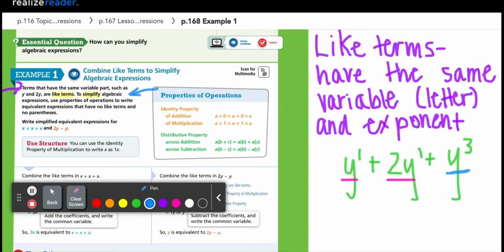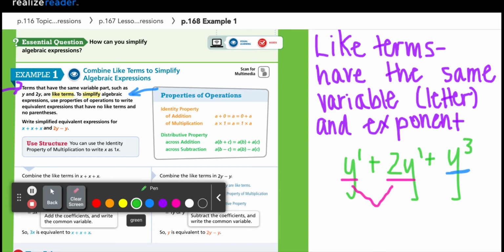So if there are parentheses in the expression, we'll be distributing to get rid of them, and then we'll be combining like terms so that we would only have the term or the exponent or the variable written once. So here we would combine this y to the first power and 2y to the first power.